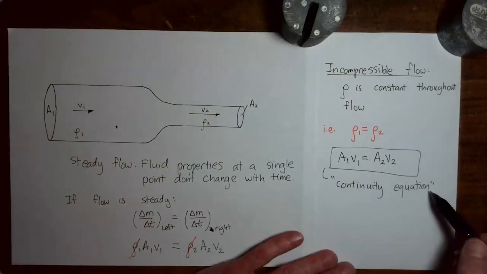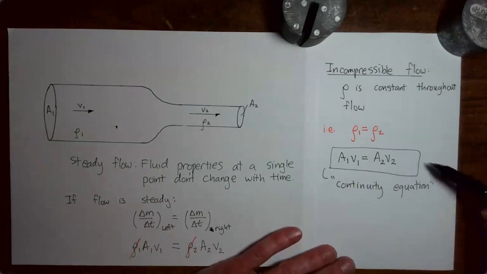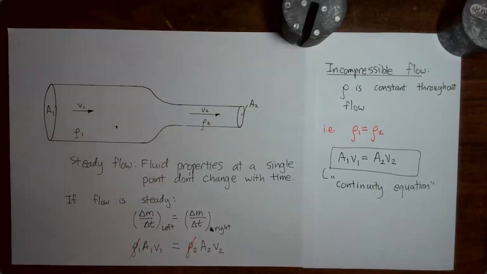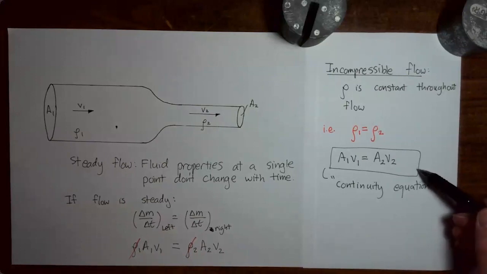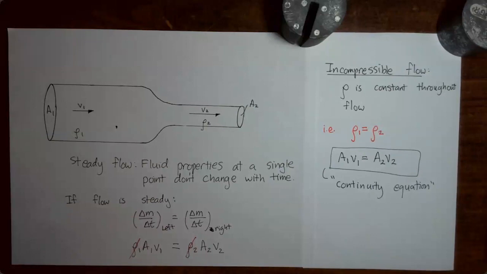In reality, this is just a special case of the real continuity equation that some of you may learn later on if you continue studying fluid mechanics. But for the purposes of this class, we'll go ahead and call this the continuity equation. In the next video, we're going to do a simple example problem to practice using this continuity equation.